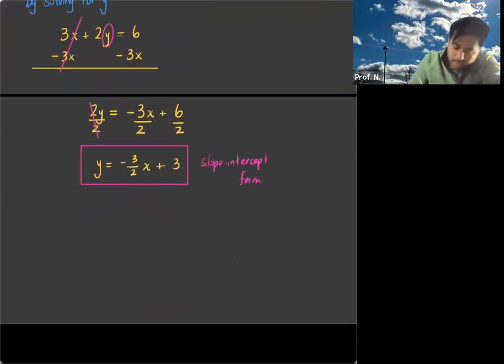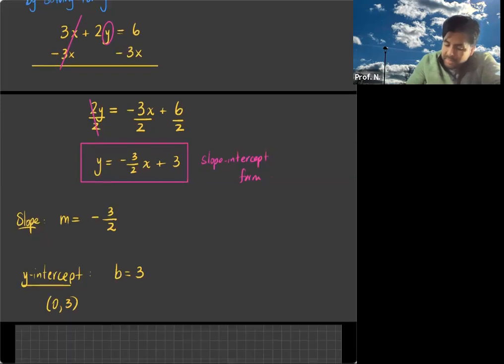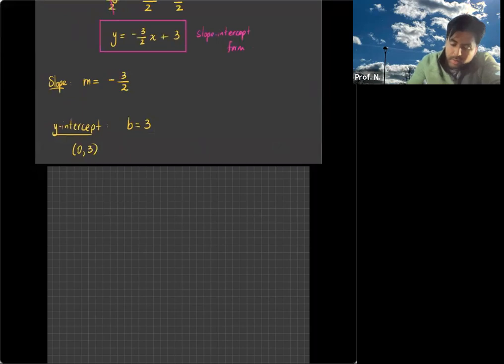Since we know our slope is negative 3 halves, and we know that the y-intercept is 3, or in other words, the y-intercept is (0, 3). So I'm going to sketch this.